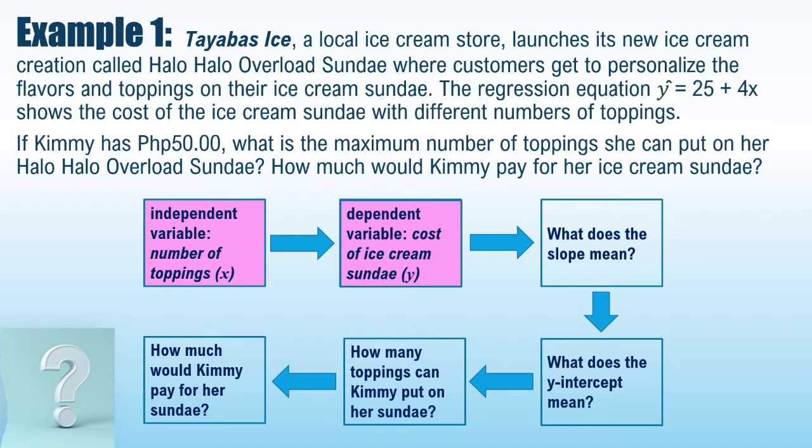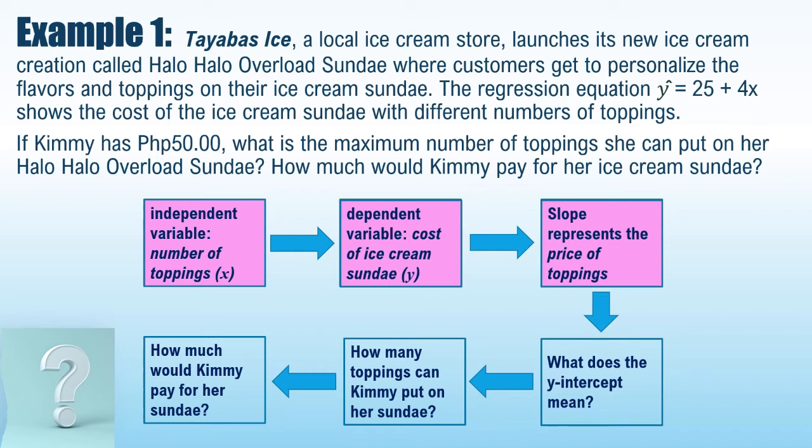Therefore, there is a positive relationship. Going back to the question, what does the slope mean? Yes, correct. Since x here is your number of toppings, the slope 4 means the price of toppings.